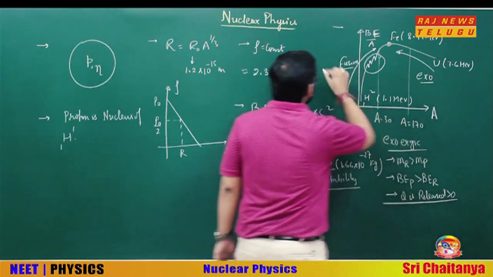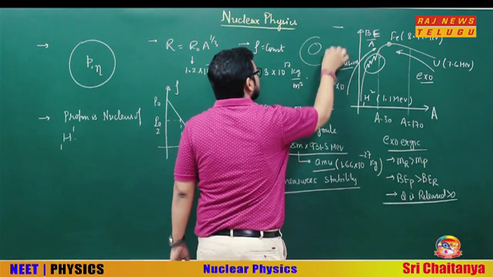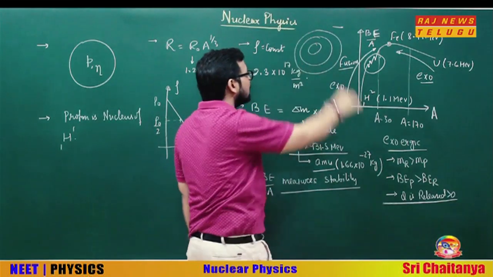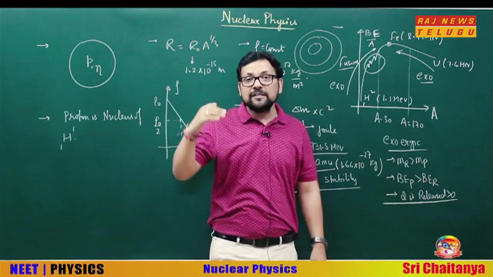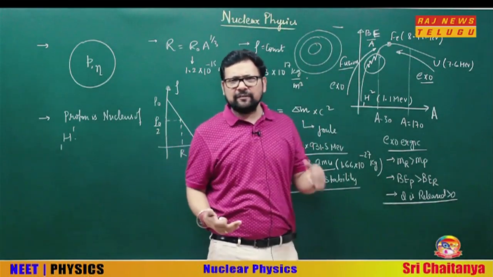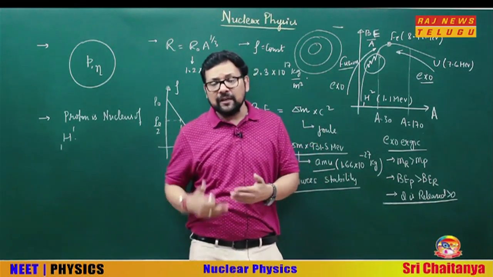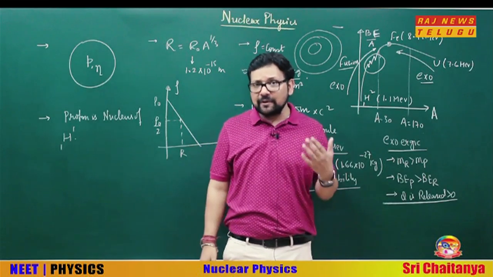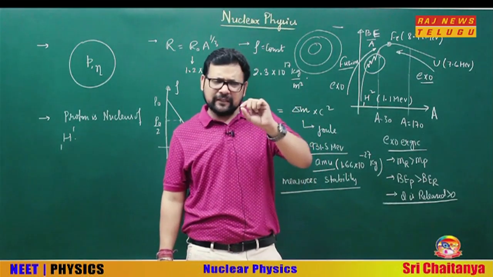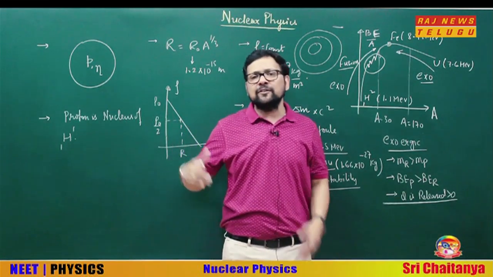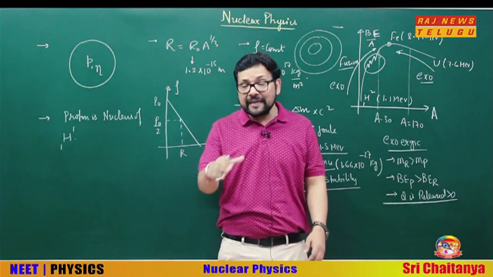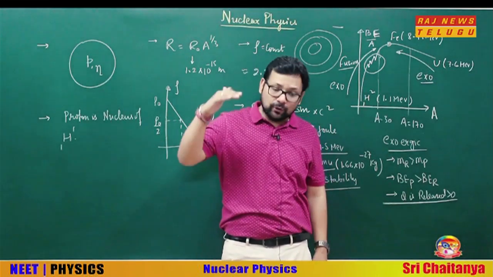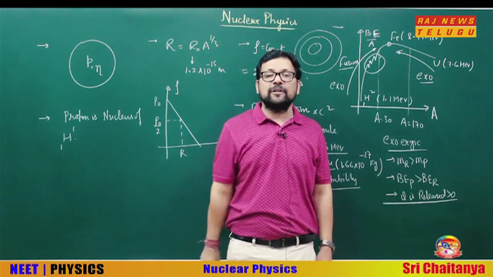Nuclear shell. If you see here, these are the nuclear energy levels. And the stable one, like helium, is relatively more stable than lithium, having the greater binding energy per nucleon. Maxima it is, a little greater compared to lithium. What does that mean? It means helium is at a lower energy level of the nuclear shell.